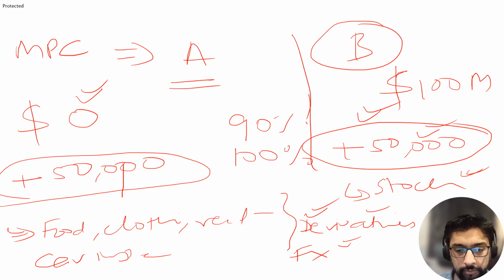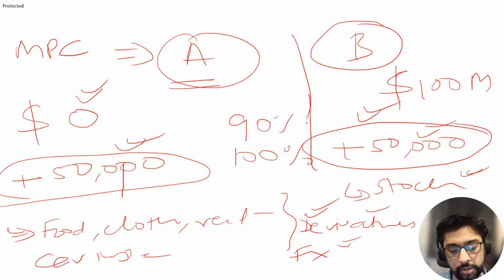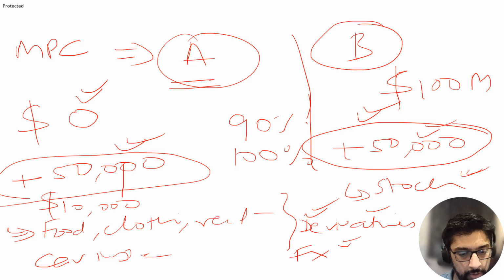On the other hand, when A spends $50,000, that money goes into the pockets of a real producer. So let's say out of the 50,000, the guy spends $10,000 on food. The seller of the food will take that $10,000 and spend on his children's education.